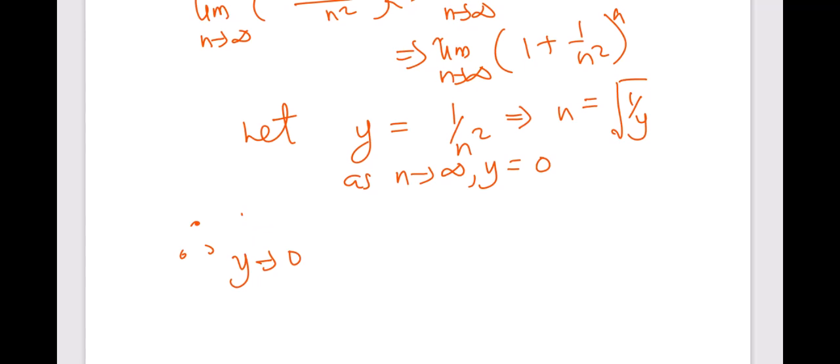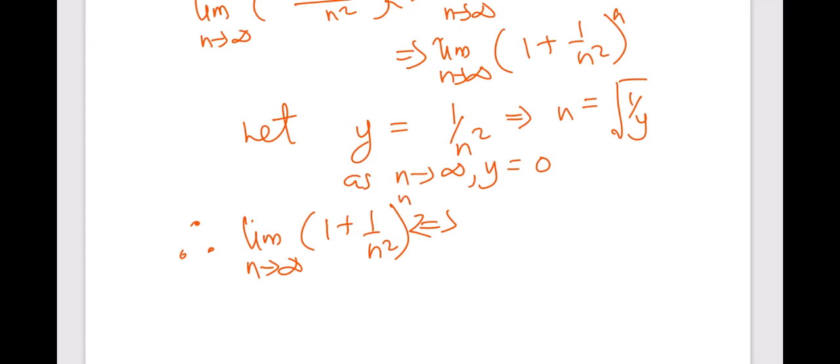Let me write it this way. We have the limit as n goes to infinity of 1 plus 1 over n squared, all power n, being equivalent to the limit as y goes to 0 of 1 plus y, all power root 1 over y, like this.